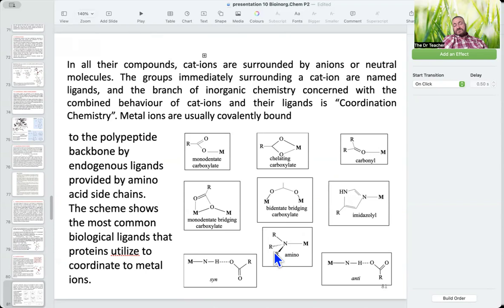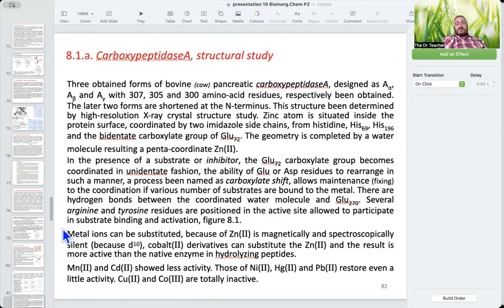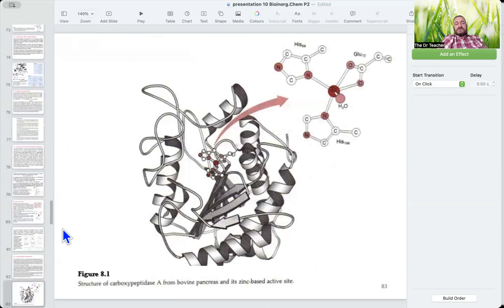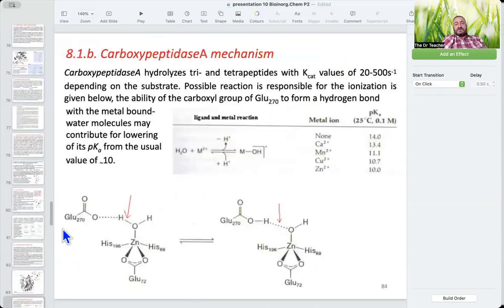This is the amino group to the metal. Here is the syn coordinating to the metal, and this is the anti. Carboxypeptidases, structural study as well, we talked about. And that was carboxypeptidase A.